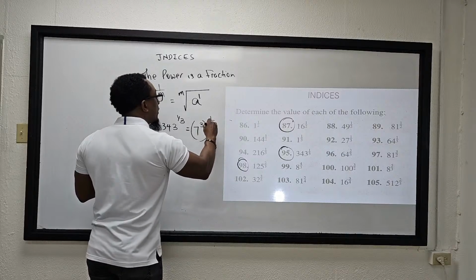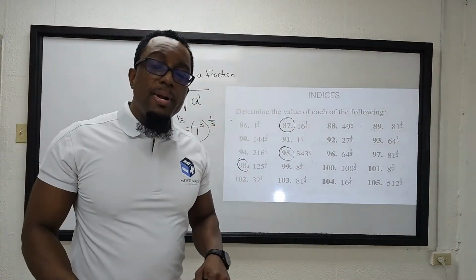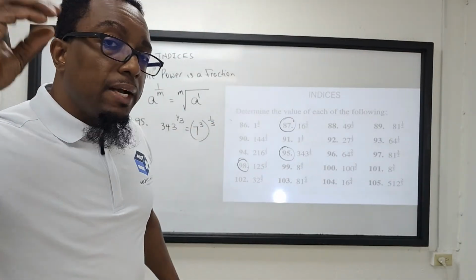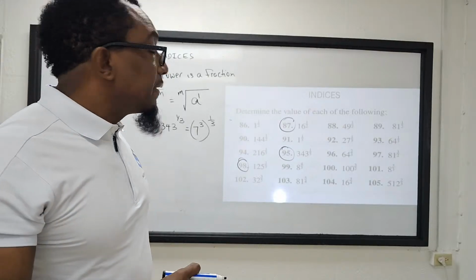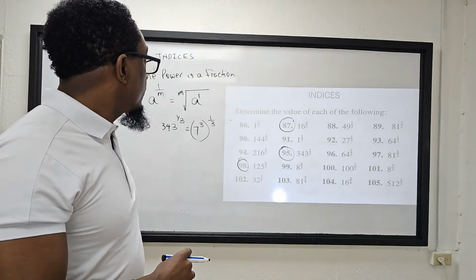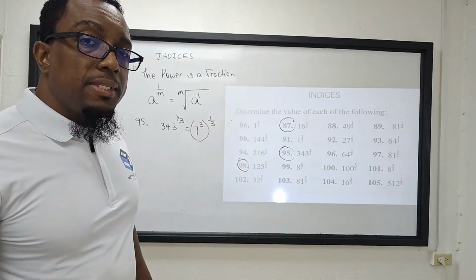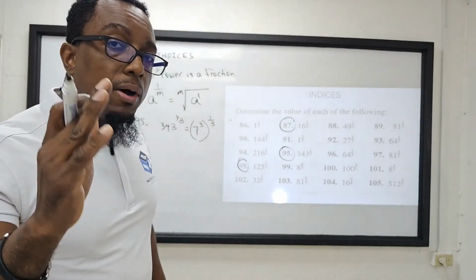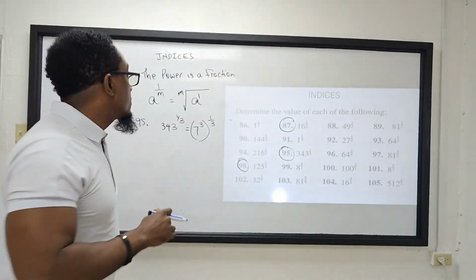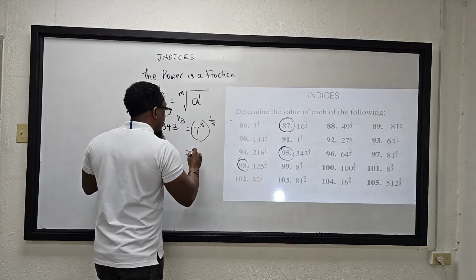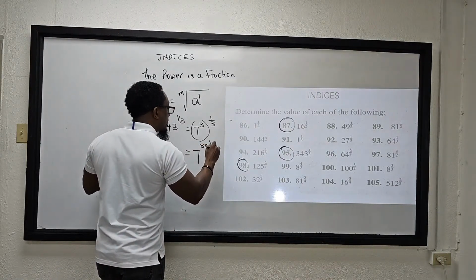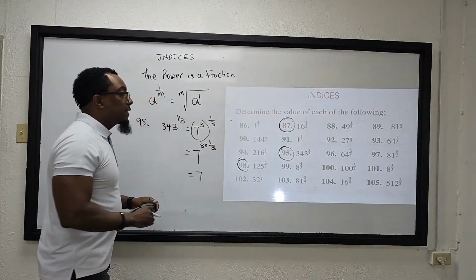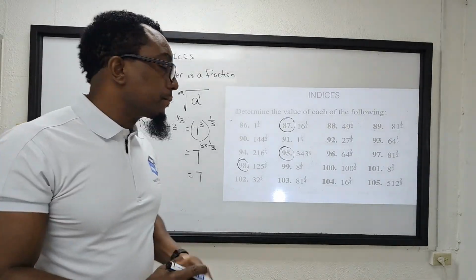But I place 7 to the power of 3 in brackets and I maintain the fraction power of a third. And all I have to do now is apply the law of power to a power we learned, multiplying a third, the power outside, by the power within. So this becomes 7 to the power of 3 times a third, 7 to the power of 1, which is 7.